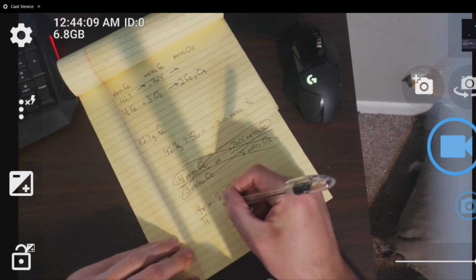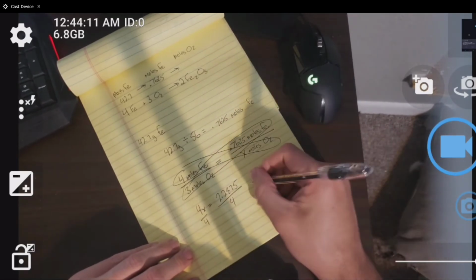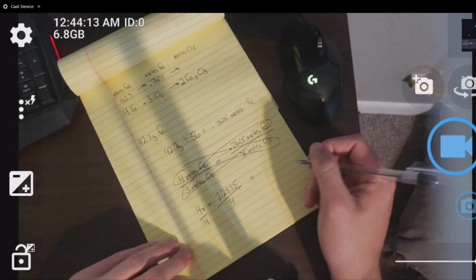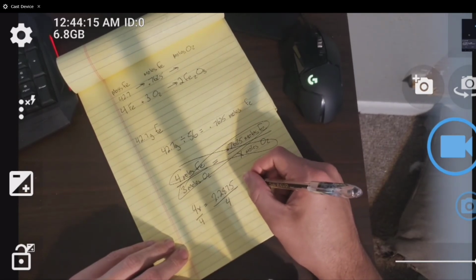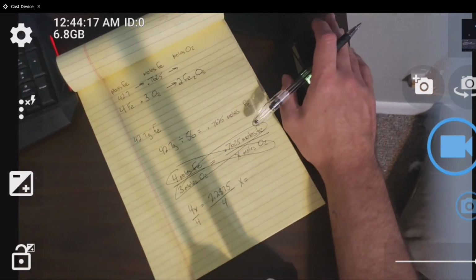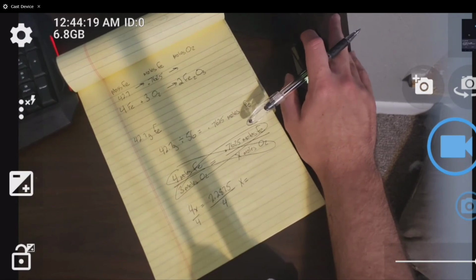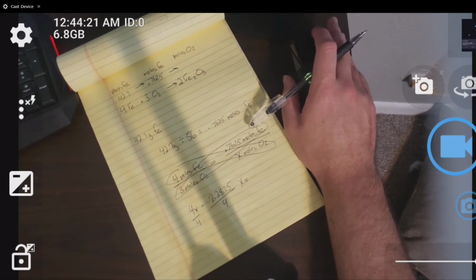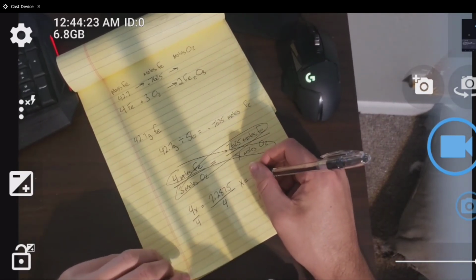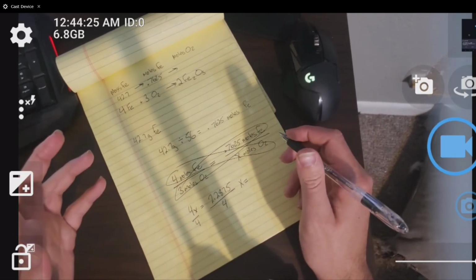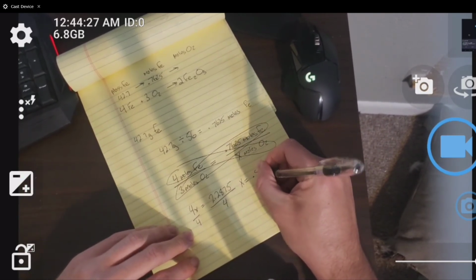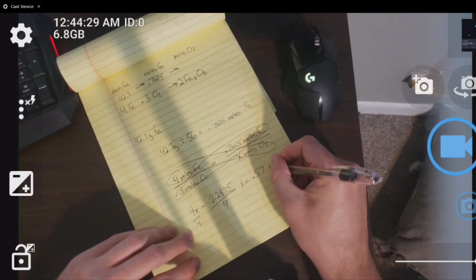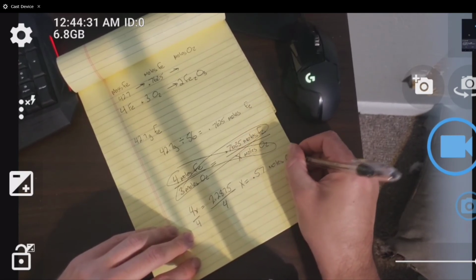So we divide both sides by 4. And we end up with x is equal to, and then this decimal just keeps getting longer, so at this point I'm going to round it off and call it 0.57 moles of O2.